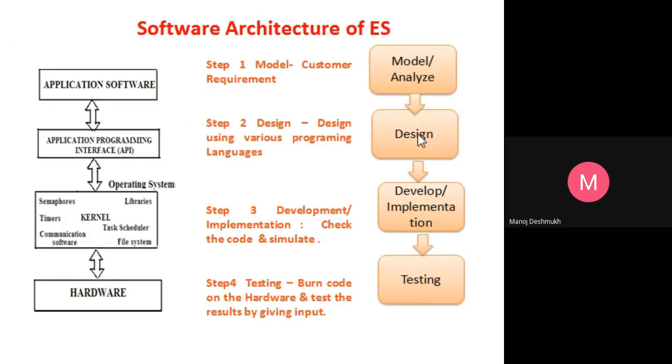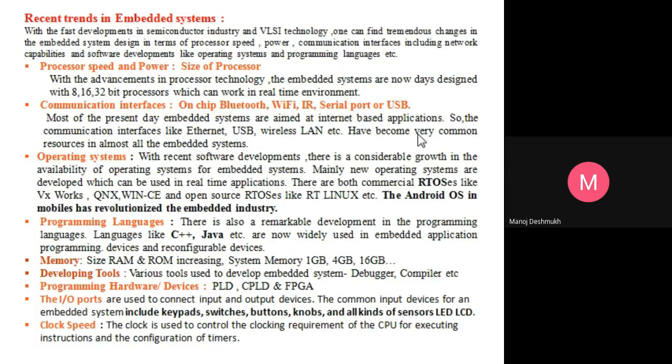Okay, so after this, the next point related to this, that is the first chapter, is recent trends in embedded systems. So trends means which type of components or peripherals are used for development of an embedded system.